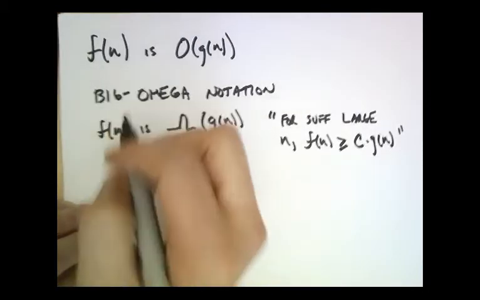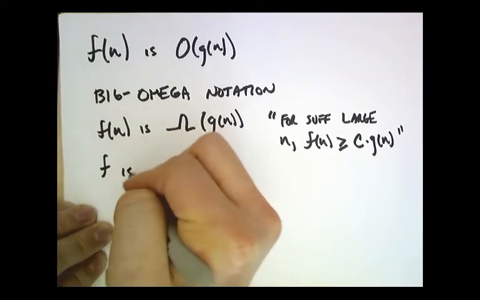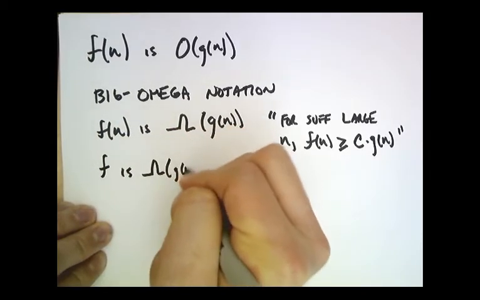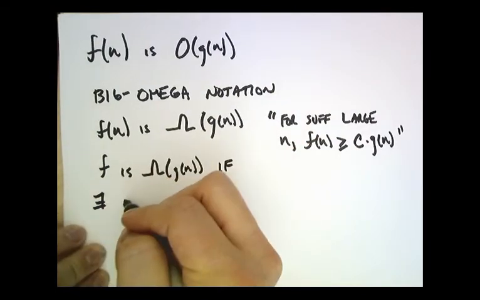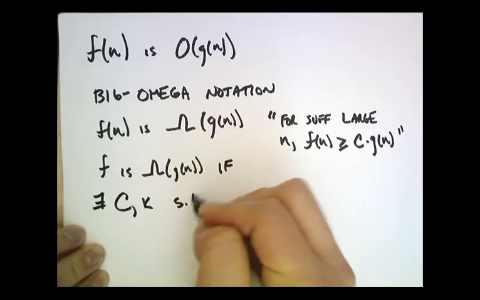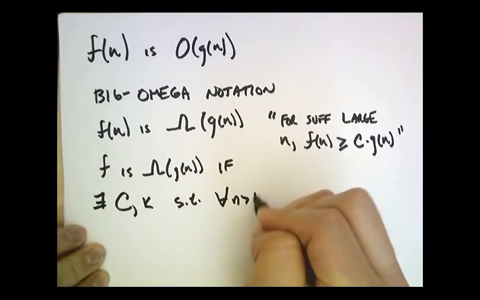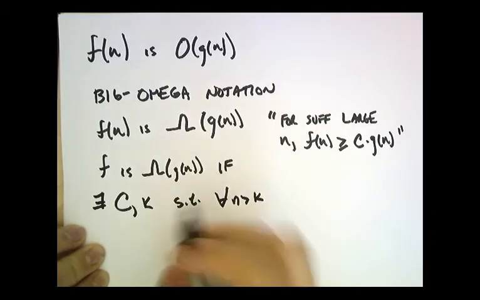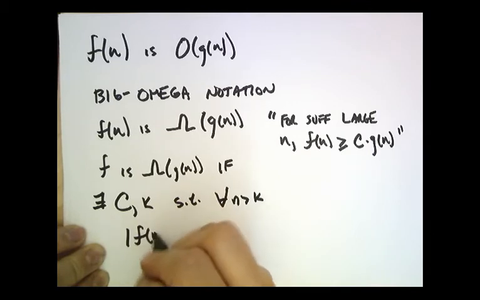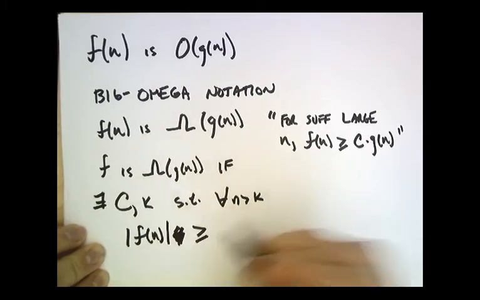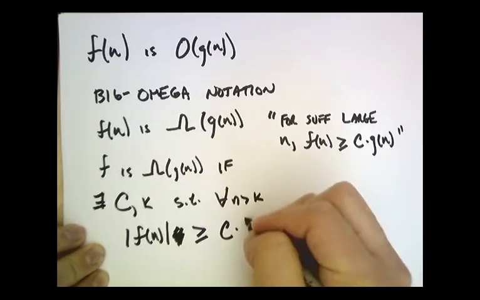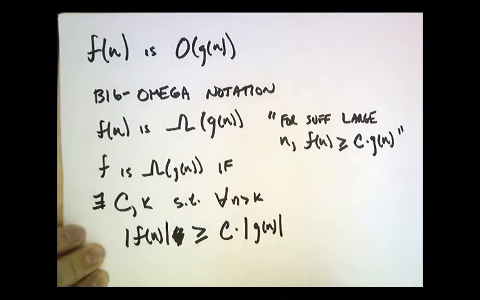Okay, so more mathematically, more precisely, we say that f is big omega of g of n if there exist constants c and k such that for all n greater than k, the absolute value of f of n is greater than or equal to some constant times the absolute value of g of n.